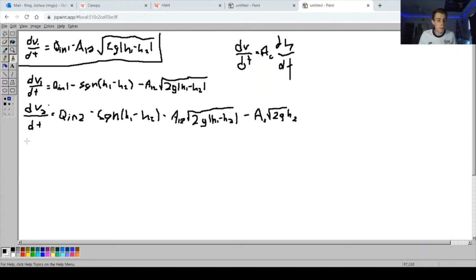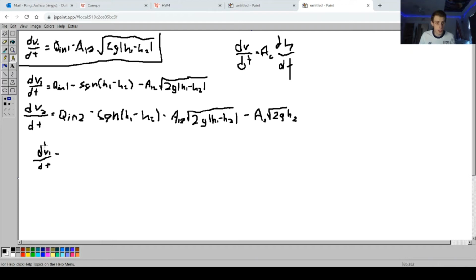So if we go ahead and change these values to dH over dt, our formulas are still going to look exactly the same, except for the fact that we will be dividing by the cross-sectional area. So I can go ahead and write that out right now. dV1 over dt. Oh, I apologize.